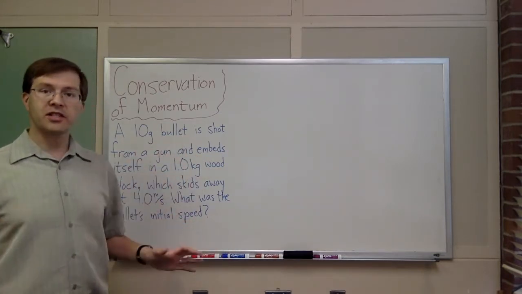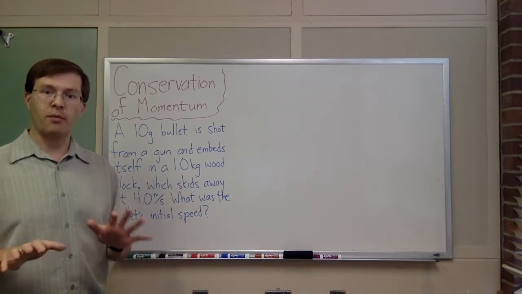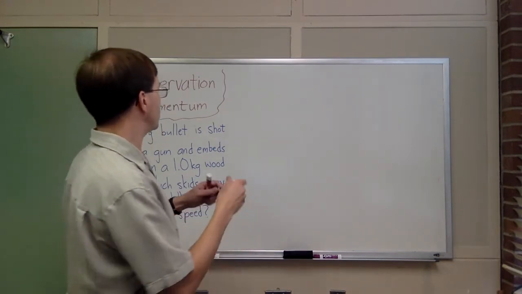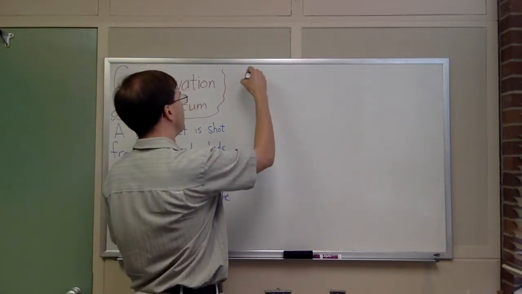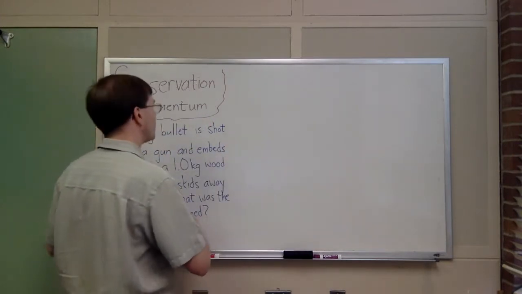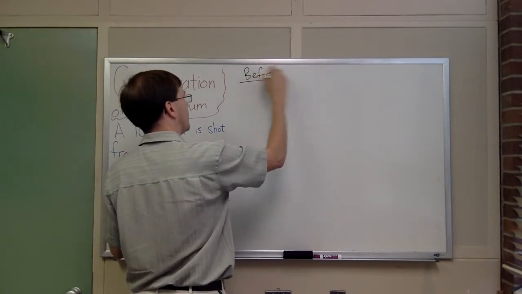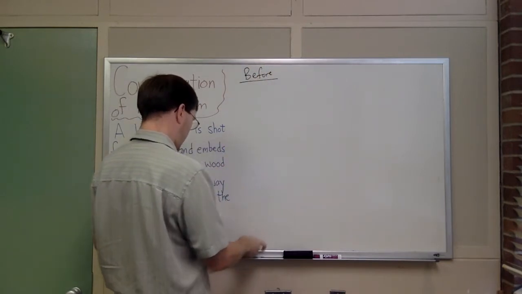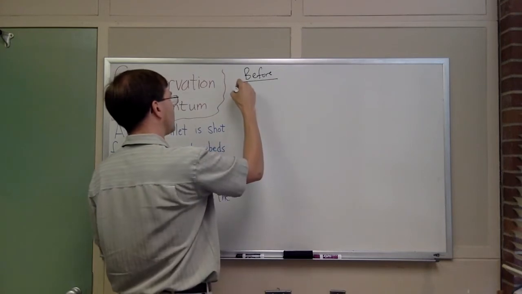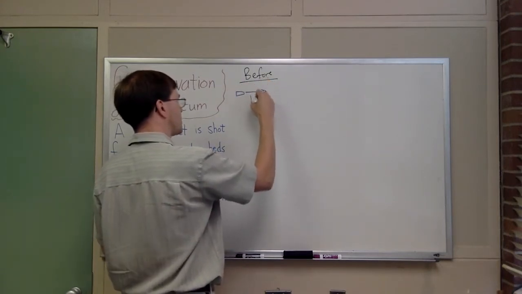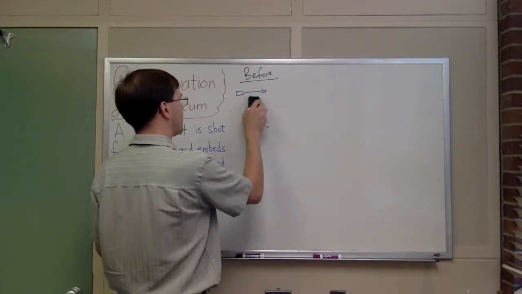So the first step I always take in one of these things is to draw a picture, just to clarify in my mind what's going on. This is my before picture. In my before picture, I'm going to have a bullet like this, moving with some speed. I guess I don't need an absolute value here.